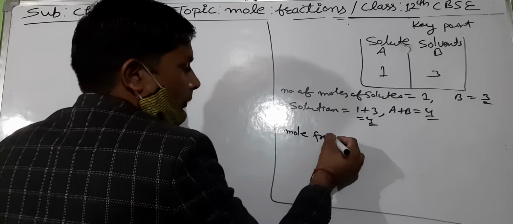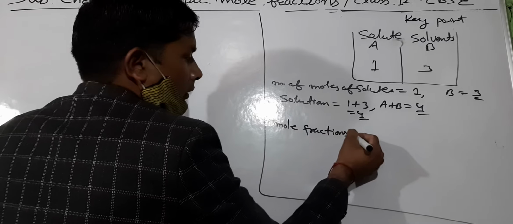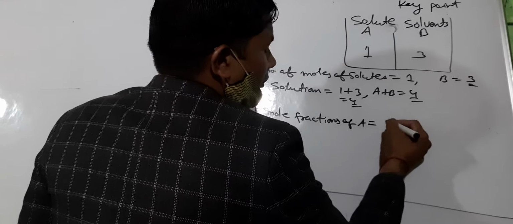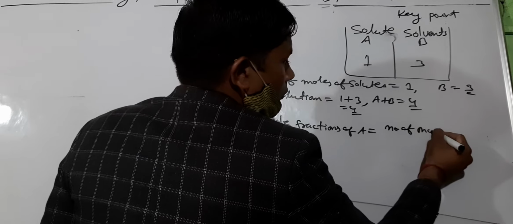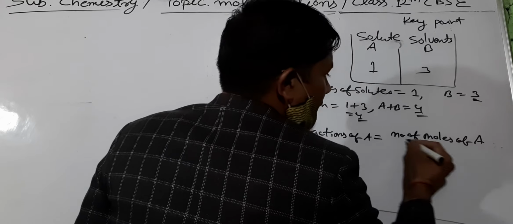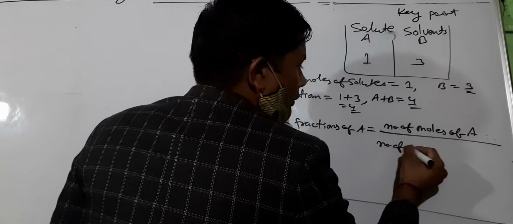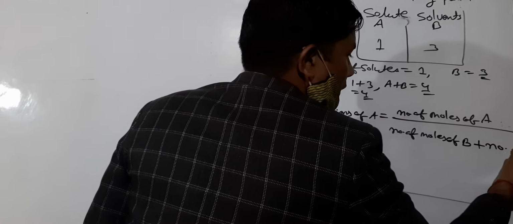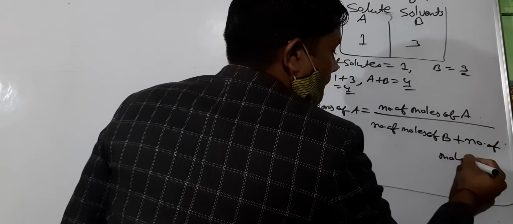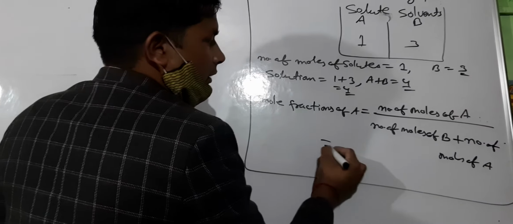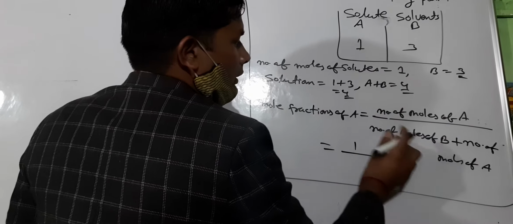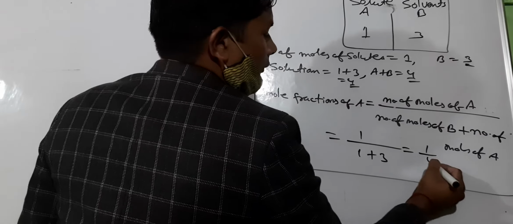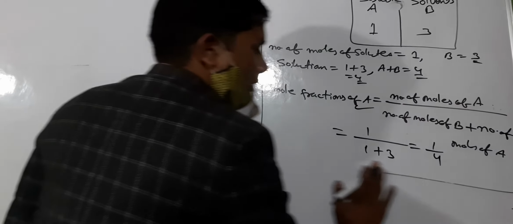Mole fraction of A means the number of moles of A by the number of moles of B plus the number of moles of A. It means the number of moles of A is 1, and here 1 plus 3. It means 1 by 4. So this is the mole fraction of A.